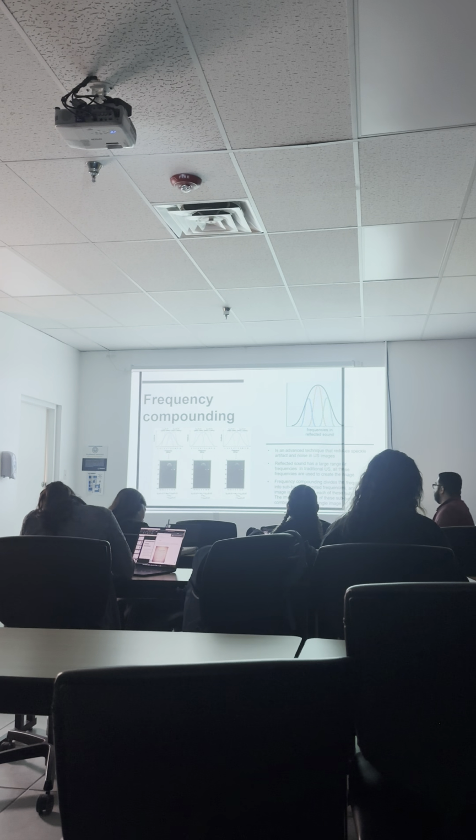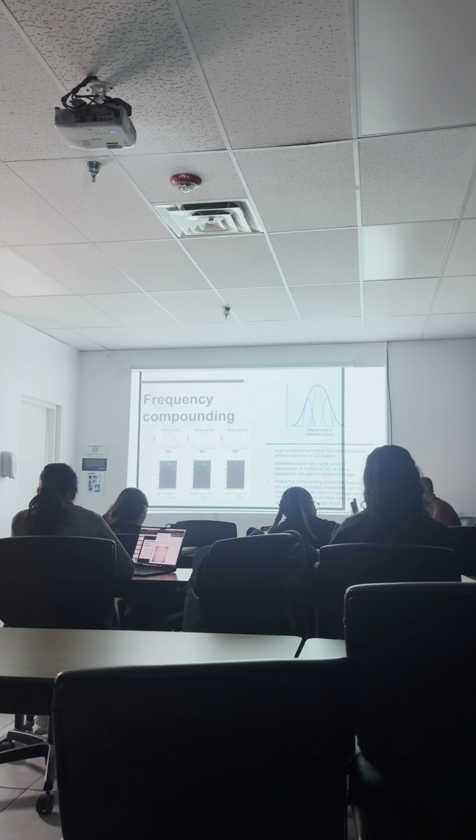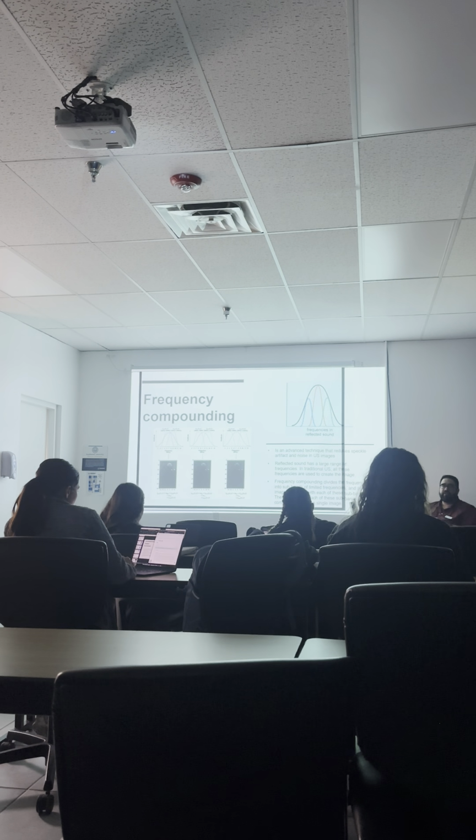In traditional ultrasound, all these frequencies are used to create the image. In frequency compounding, the frequencies are divided into subbands of limited frequencies, and an image is created with each of these subbands. The images from each of these subbands are combined to create a single image. Okay, so what does that mean?